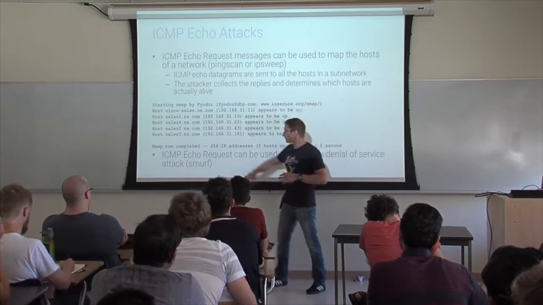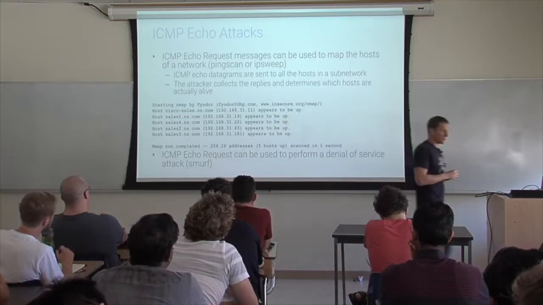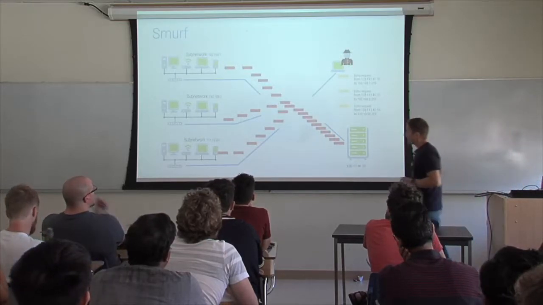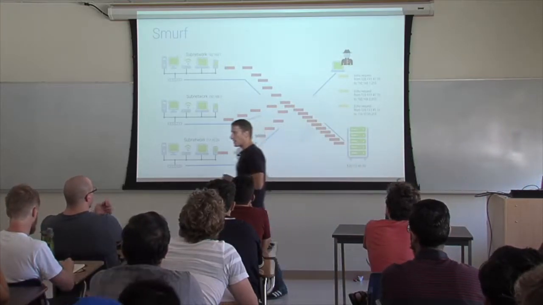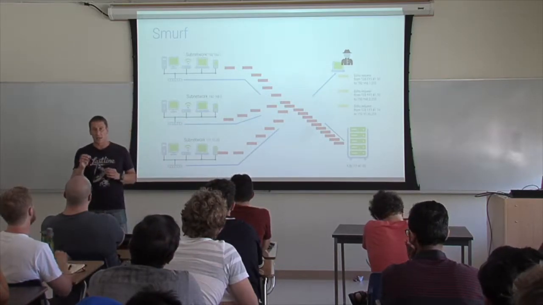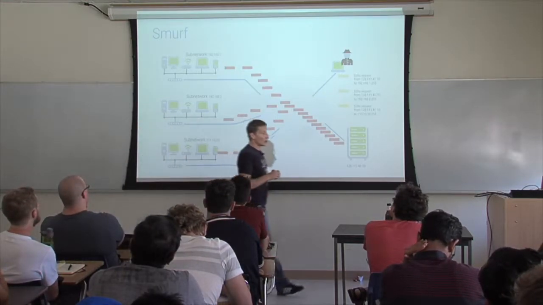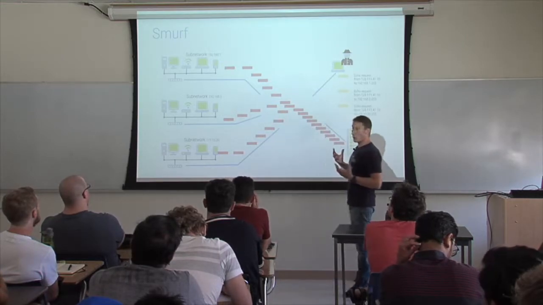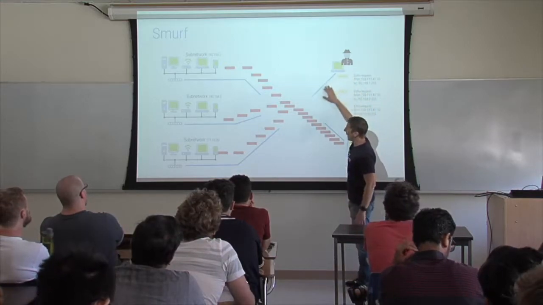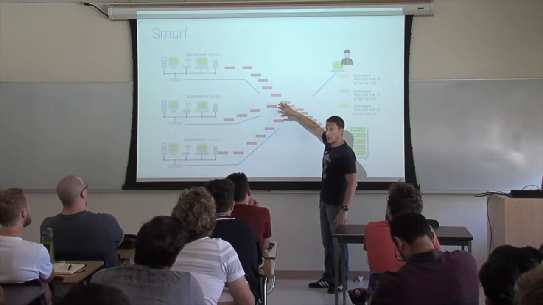And also, you can use ICMP echo messages to do denial of service attacks. If you remember, there was that net-directed broadcast. The basic idea is that you send an ICMP packet, and when it gets to the specific network, it becomes a network-directed broadcast. So imagine that an attacker sends one of these packets to a bunch of networks, a ping-directed broadcast.